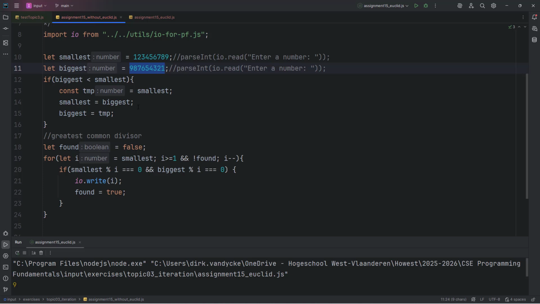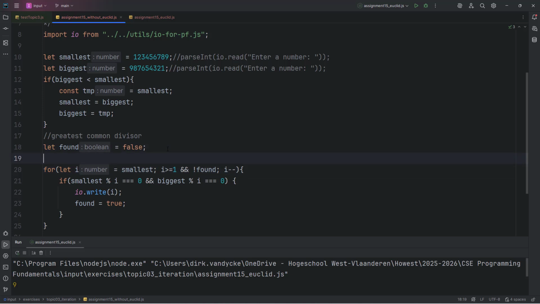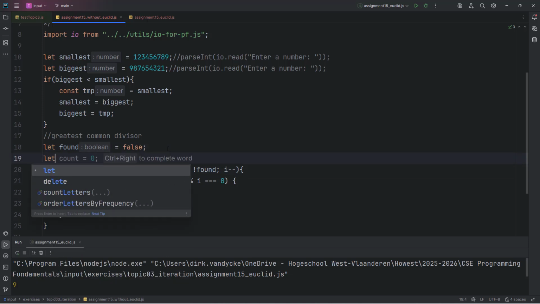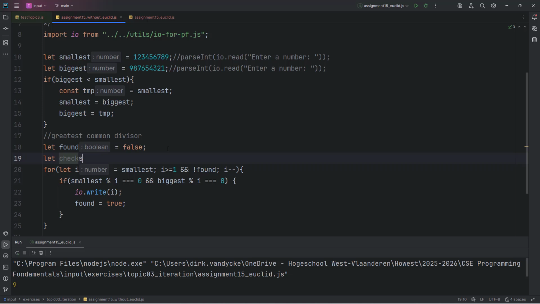And now let's wonder how many steps or how many checks or how many numbers have to pass until we find this. For this, I'm going to have a number of checks. Of course, I will have 0 checks in the beginning. And each time I go to a number, I'm checking actually one number.